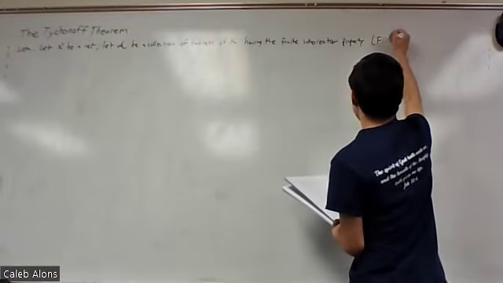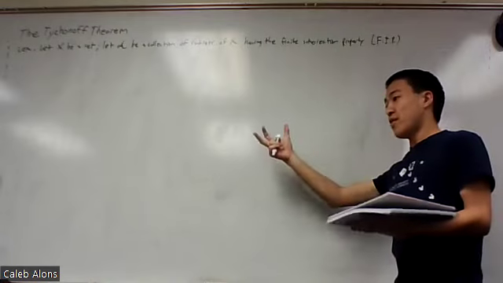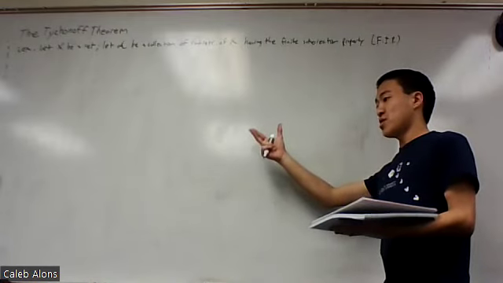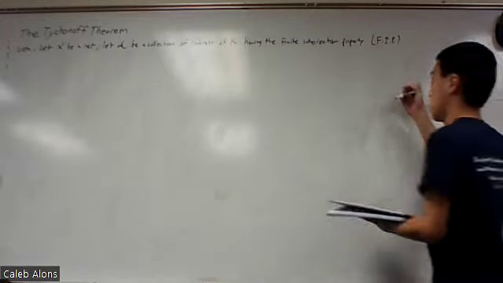I'm going to call this, in short, FIP. All this means is if you take a finite intersection, you're not going to end up with an empty set. There's always going to be at least one element in that intersection.